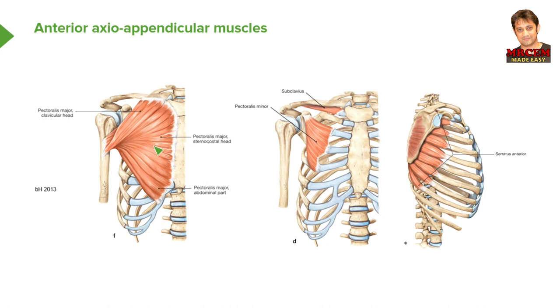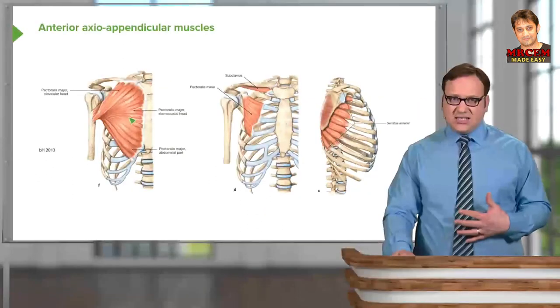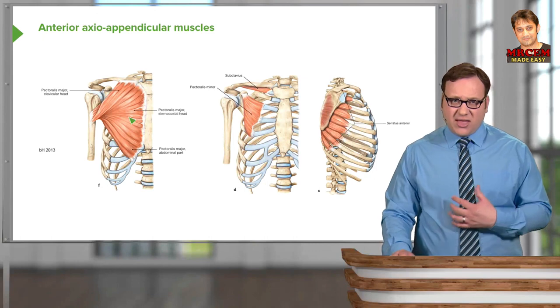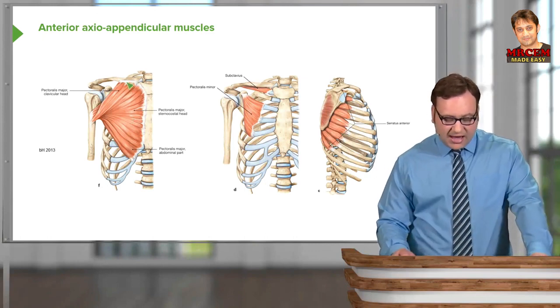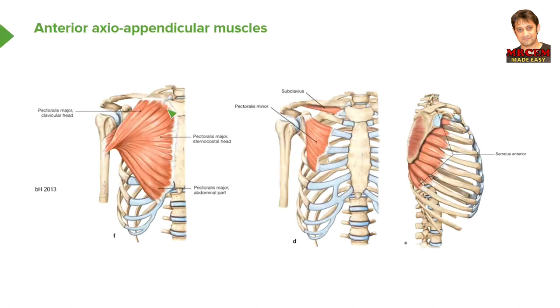This is a large fan-shaped muscle that's easily visible once the skin of the anterior chest wall has been reflected. Clavicular head coming from the clavicle, and a sternocostal head coming really from the sternum and the costal cartilages. Reflect Pectoralis Major and we find we have Pectoralis Minor. We can see Pectoralis Minor here.